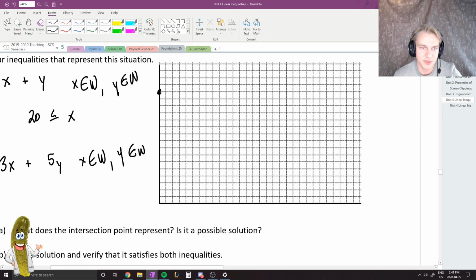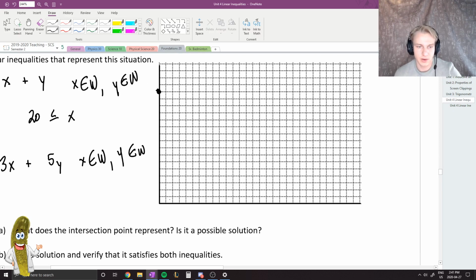So I graphed this previously when I was planning for this lesson. I know that that point needs to come 1, 2, 3, 4, 5 spaces down. Is that right? It should be 4 spaces down, not 5. Ooh, that's going to be a tough one to erase. 1, 2, 3, 4, 5 right here is where it needs to go. Right there, okay.